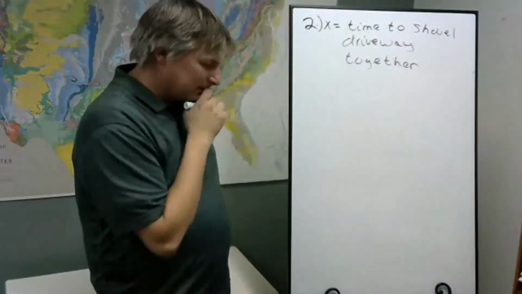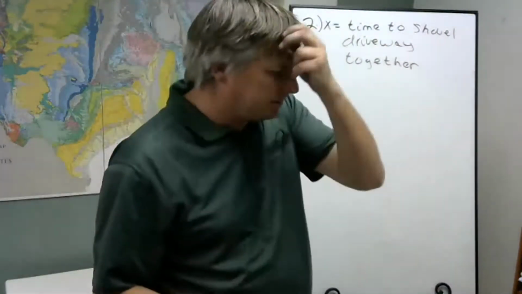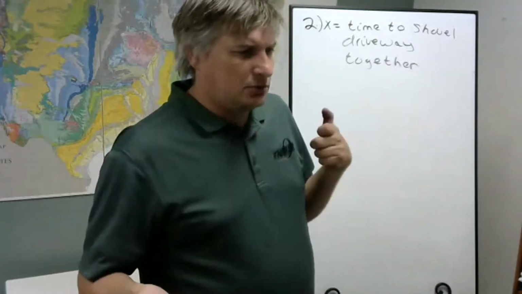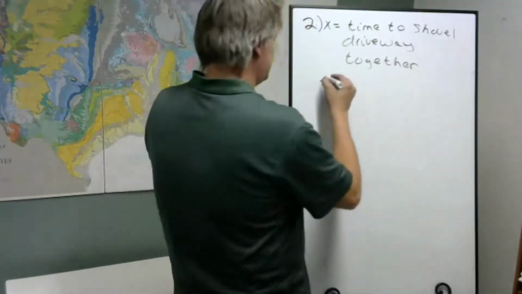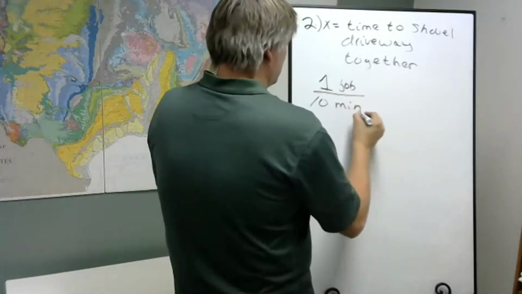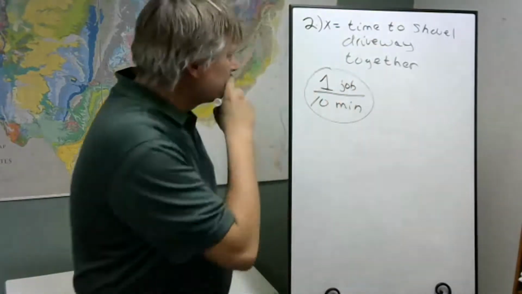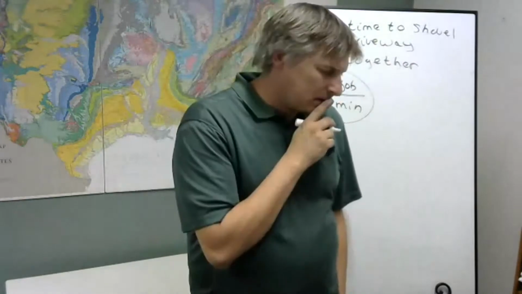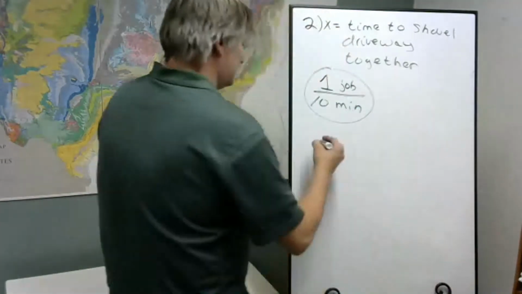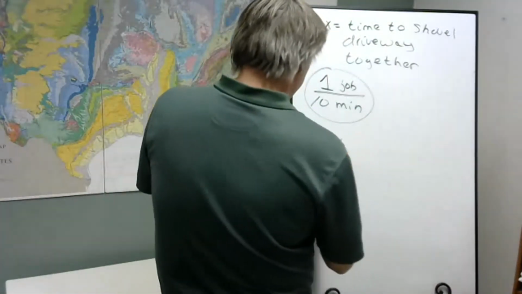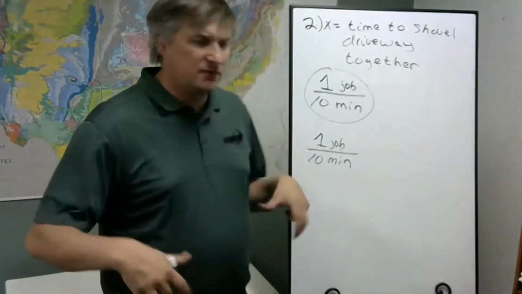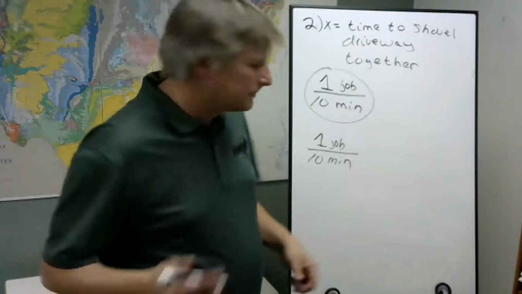And so this is what we're going to need to do. I want to talk about this whole ratio thing a little bit. This is a special tool we can use. Now let's say there's a job that you can do in 10 minutes. Now, if you can do this job in 10 minutes, what this means is, well, let's say you have 20 minutes available. So to find out if you can do one job per 10 minutes, you've got 20 minutes to work, how much can you get done?